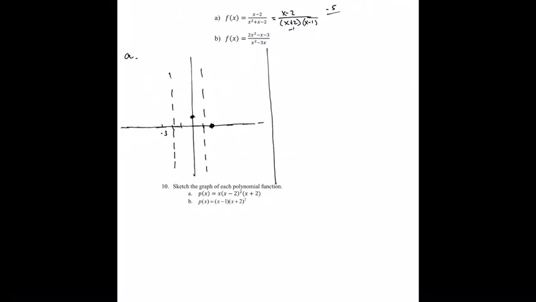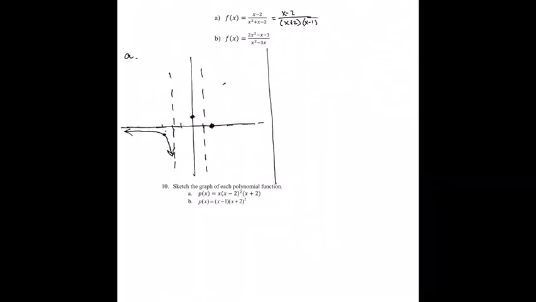Negative 3 plus 2 is negative 1. Negative 3 minus 1 is negative 4. Negative 1 times negative 4 is 4. So negative 5/4 is a negative value. It's just slightly lower than negative 1, so about right here. That tells me that piece of the graph looks like that.